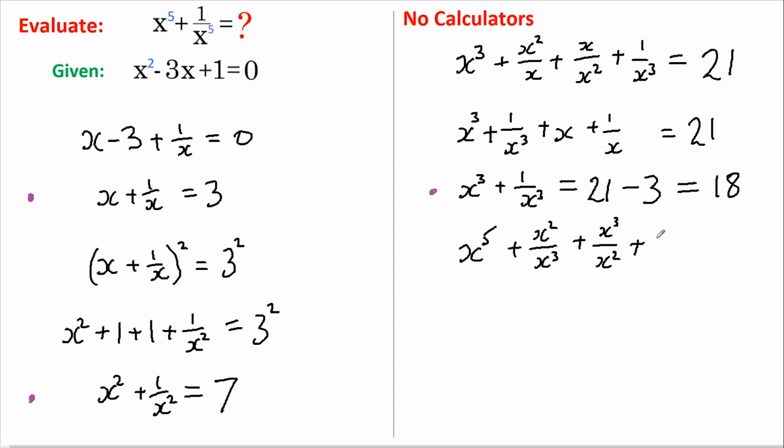And finally we get 1 over x cubed multiplied by 1 over x squared, which is 1 over x to the 5. And that all equals 7 times 18.